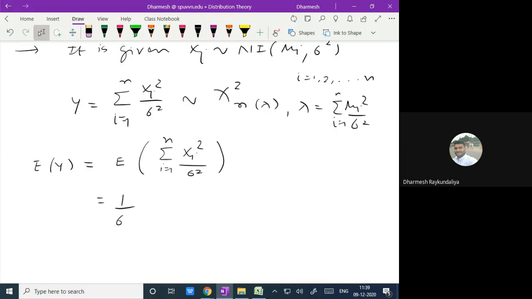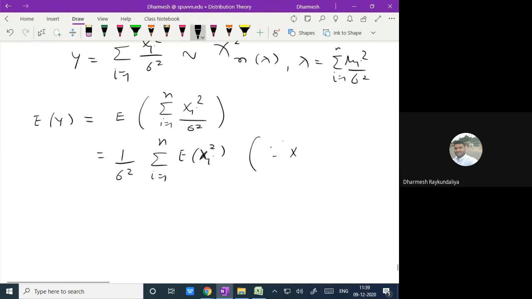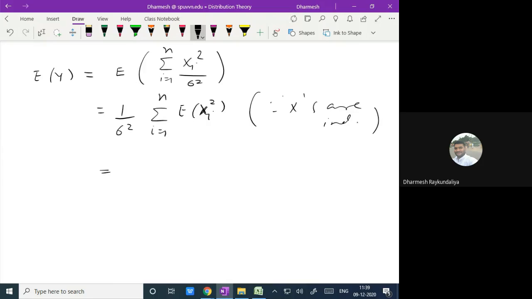But sigma square is constant, so we can take it outside, and because the xi are independent, the expectation of a sum of independent variates is nothing but the sum of the expectations. So we can write it as the variance of xi plus the expectation of xi whole square, because we know that variance of x equals expectation of x square minus expectation of x whole square.